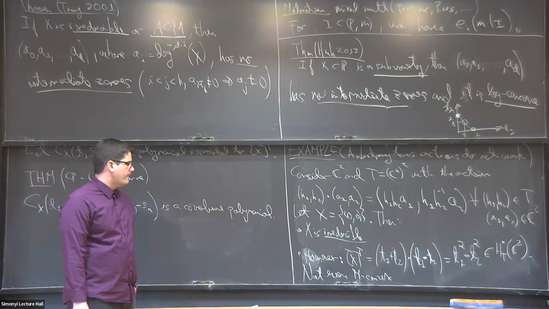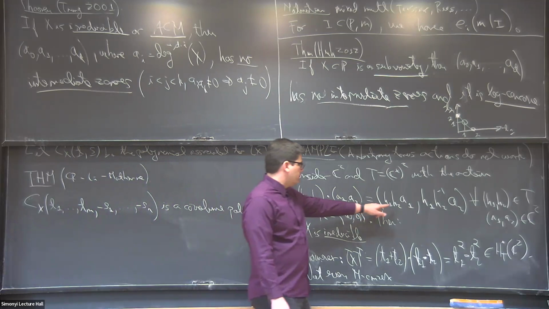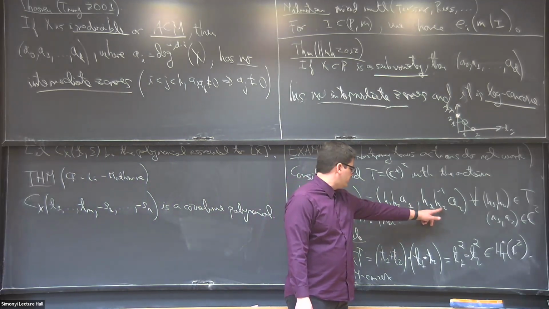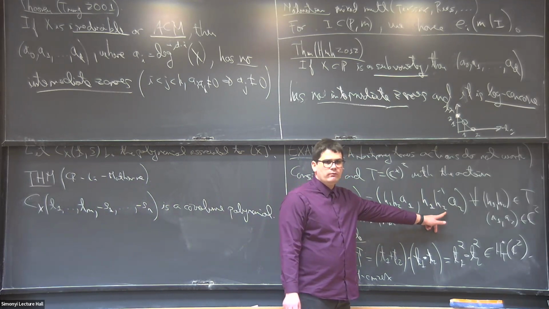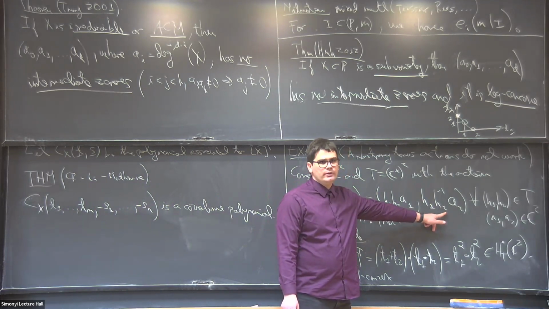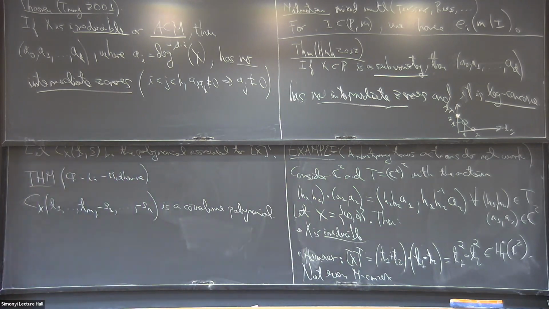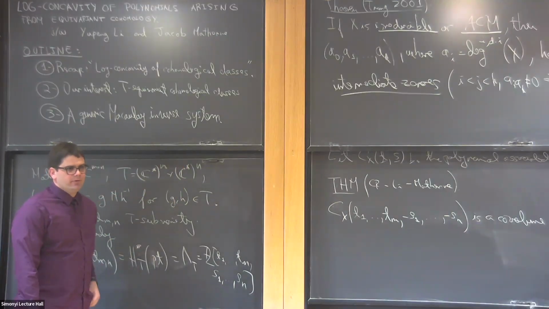Like this torus action has some kernel, right? I mean, the only issue here is that in this action, the H2 has both a positive and a negative part. That's the only issue. As long as you have a positive part and a negative part, everything will be fine.